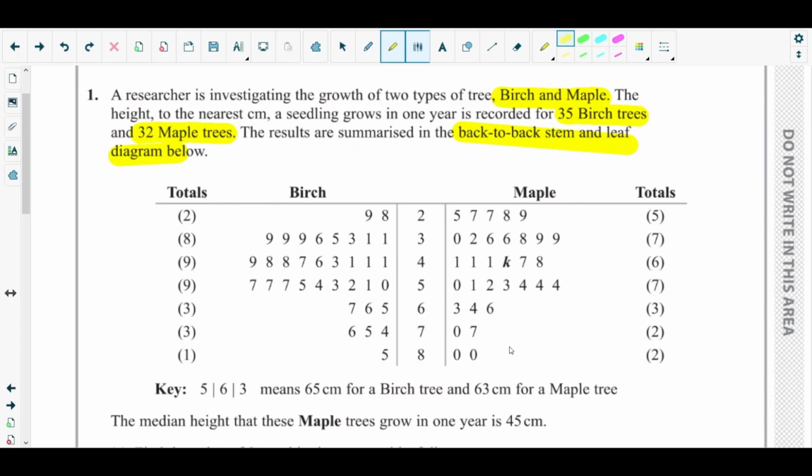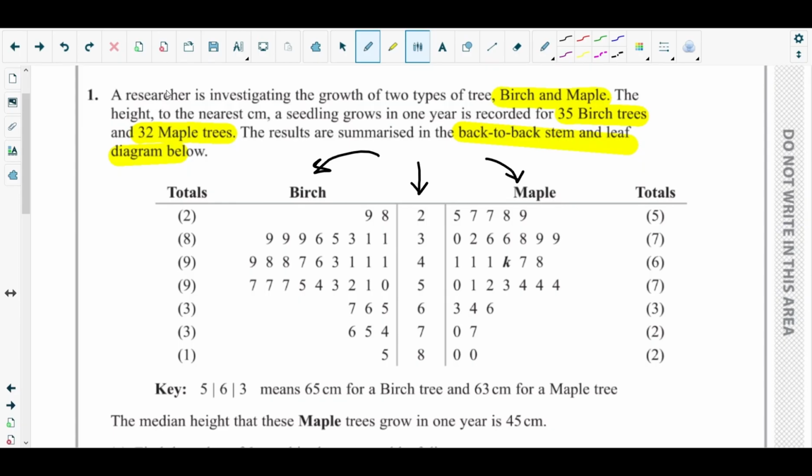Definitely you have learned about stem and leaf diagrams in chapter 3, representation of data. In a back-to-back stem and leaf diagram, there is a single stem, like here, and on either side there are two sets of leaves, maple and birch.